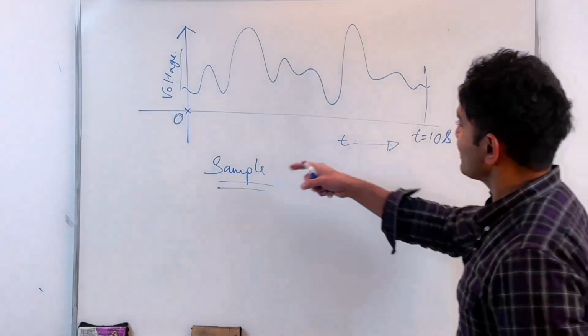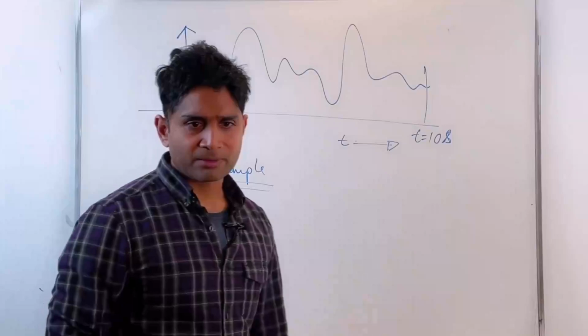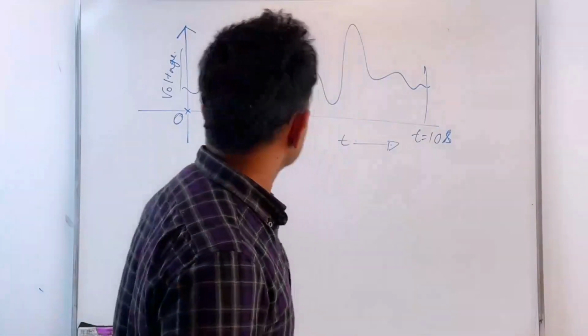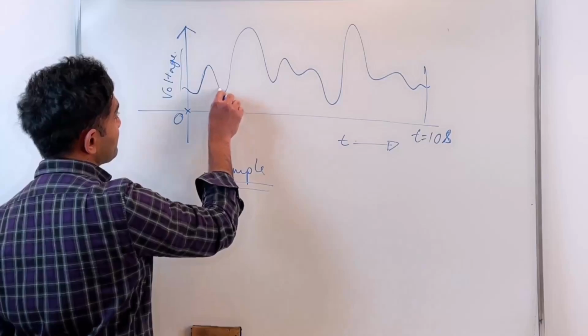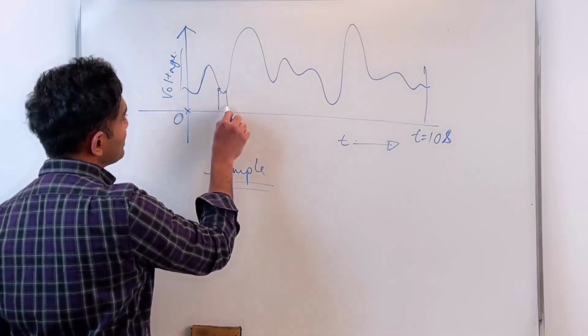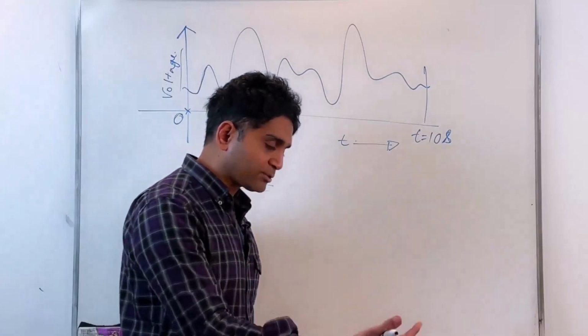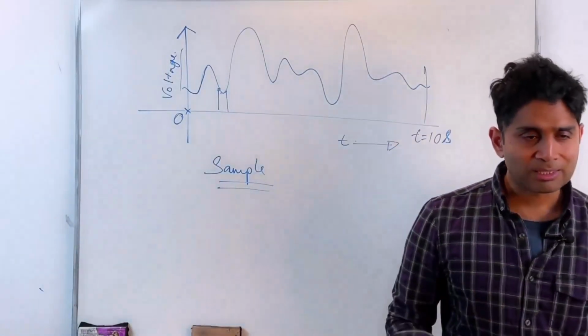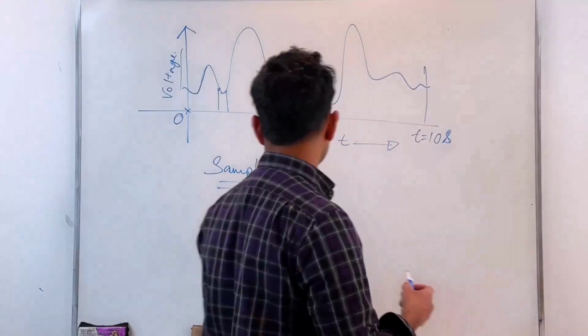Because I have a continuously varying signal, between any 2 points I take, I have a data value. So from a continuous signal, which we call analog, I would like to discretize it by sampling it.